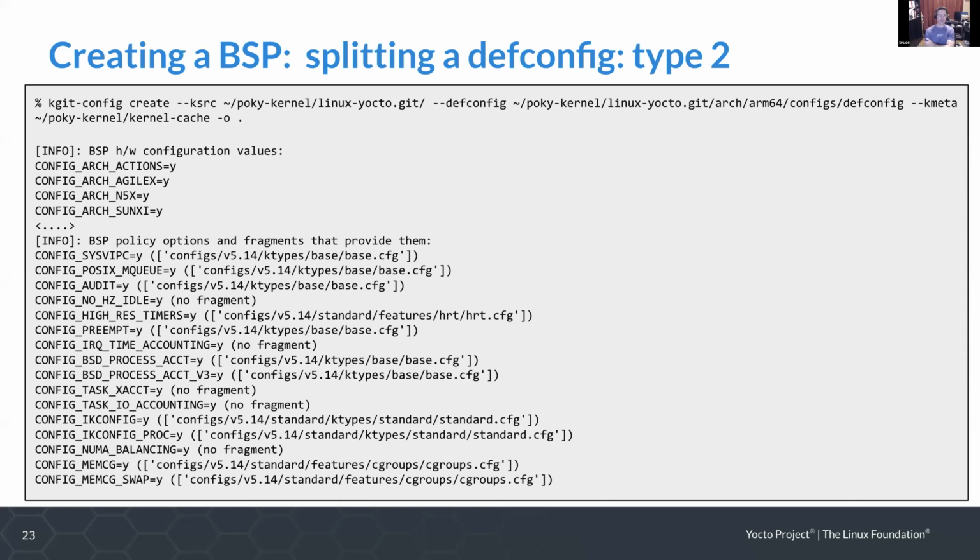So it might be something that you want to turn on. There's two good ones at the bottom. If you want mem control group or swap, then you could get those from our cgroups fragment. So it tells you that you could go to your BSP skeleton and just include those features and they'll get turned on in your build. So it tries to give you hints on where you could find some of these policy options in the metadata.